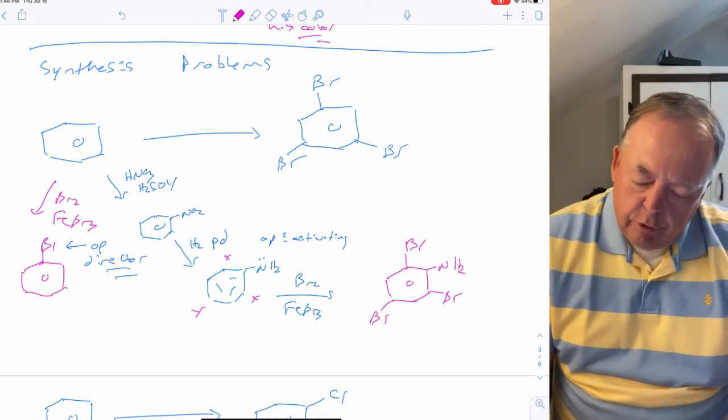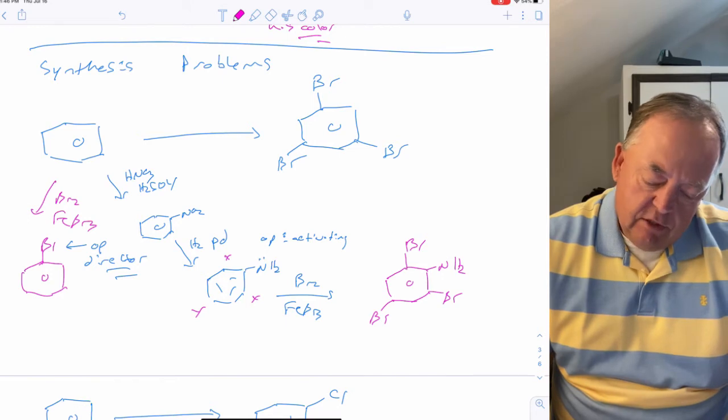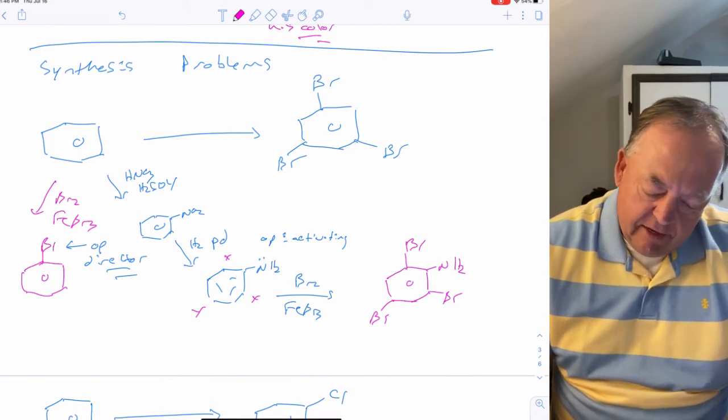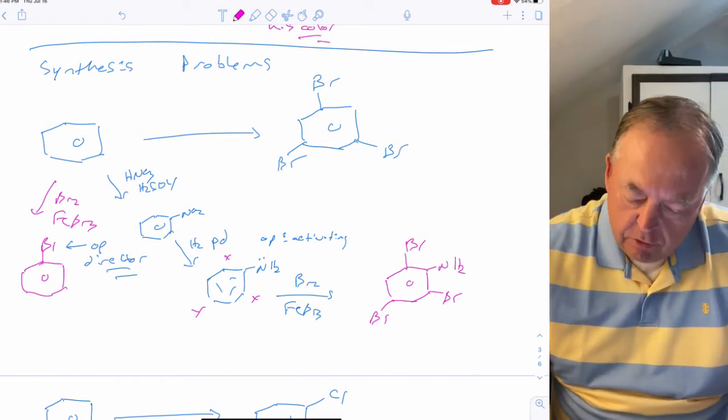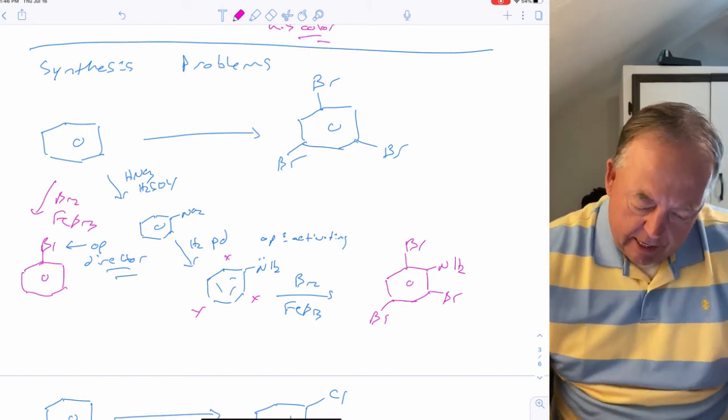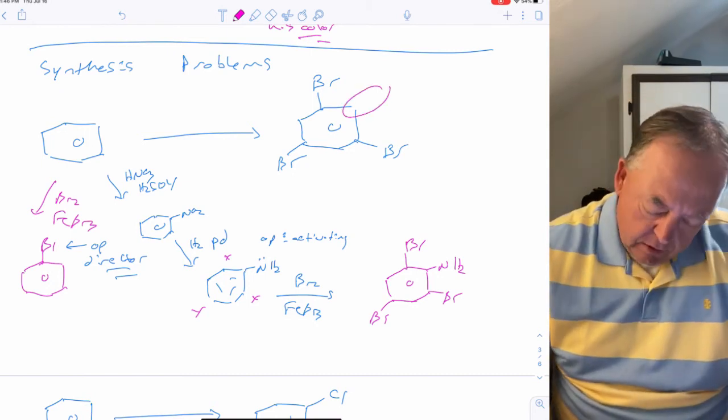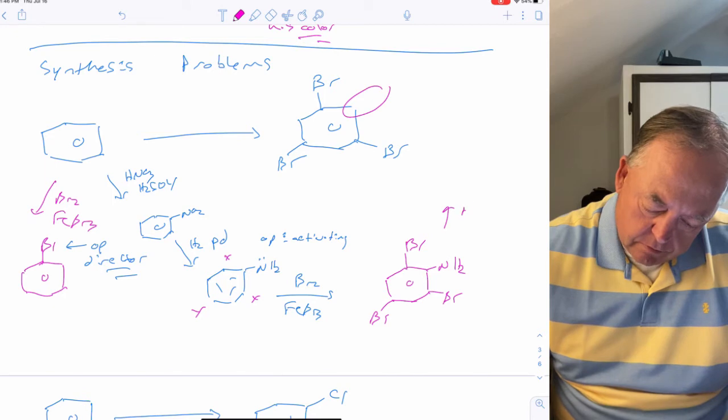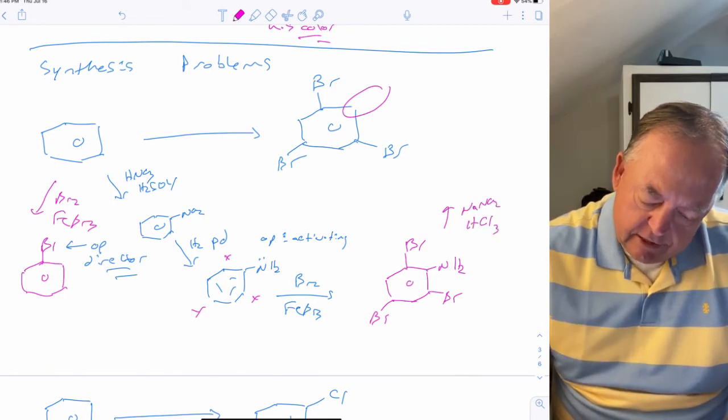So you just do 3 equivalents of Br2, put 3 bromines on. NH2 is highly activating, so that would be an easy reaction to do. And so now you need to get rid of the NH2. How do you do that? NaNO2, HCl, you make the diazonium.